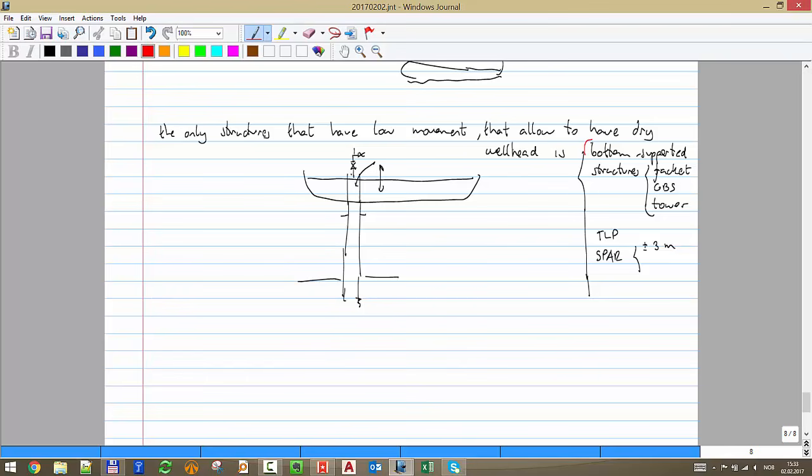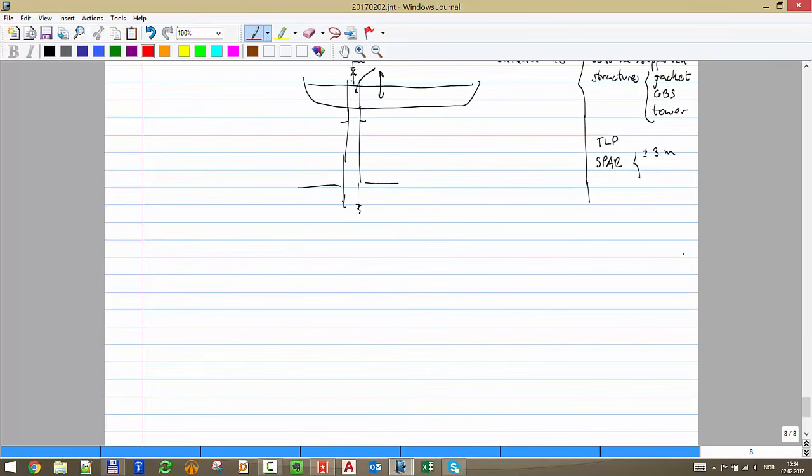What do we have? If we feel that we need a dry Christmas tree or dry wellhead, then we are limited in the number of choices that we have. And there is a very big difference between the two. For jackets and GBS, the wells are drilled just like onshore.